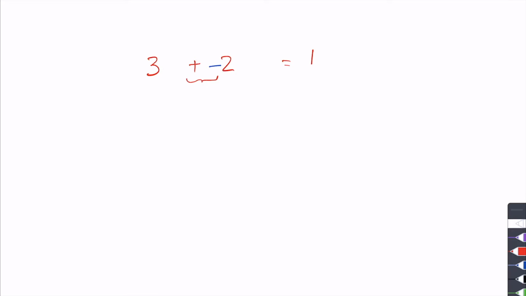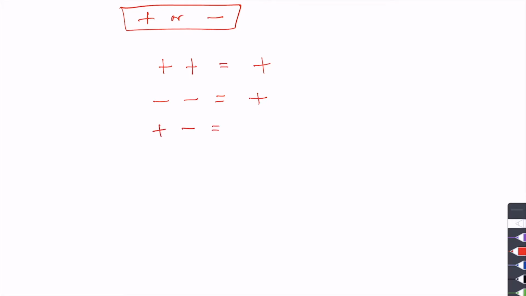And when you have a plus and a minus, the winner is always a negative. So that calculation there, instead of being 3 plus minus 2, we can rewrite it as 3 minus 2, which is equal to 1. So I'll explain those rules now, and then we'll do some questions.